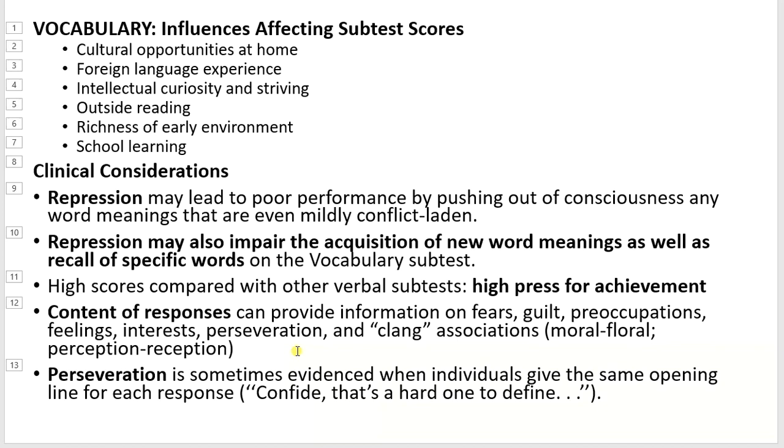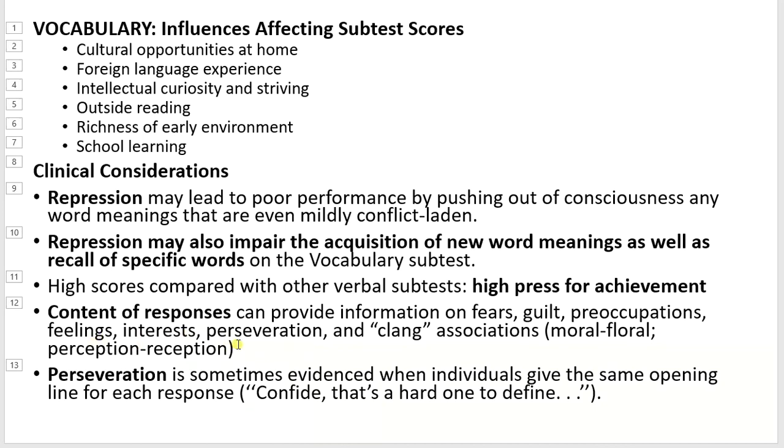Similarly, if one is having a very high score compared with other verbal subtests, then this reflects the high press for achievement, the high need for achievement. Apart from this, some qualitative analysis is also required. We can see the content.